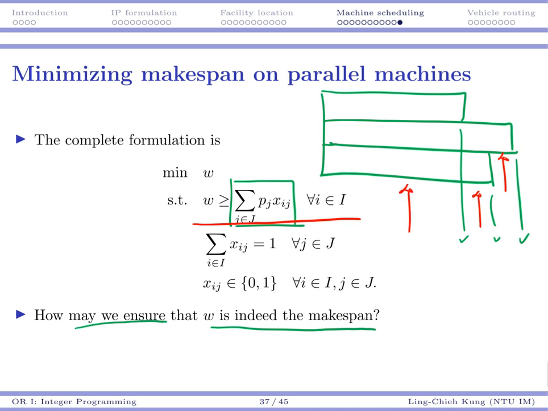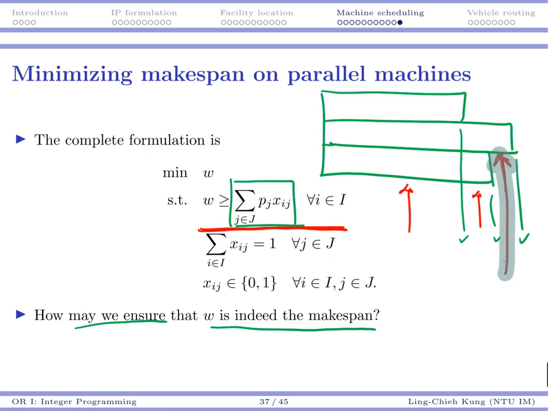Why? Because if your W is here, for example, then it does not satisfy this constraint for the second machine. So your Makespan must satisfy this constraint. But is the other way true? When you have a value satisfying all these constraints, is it guaranteed to be the Makespan?